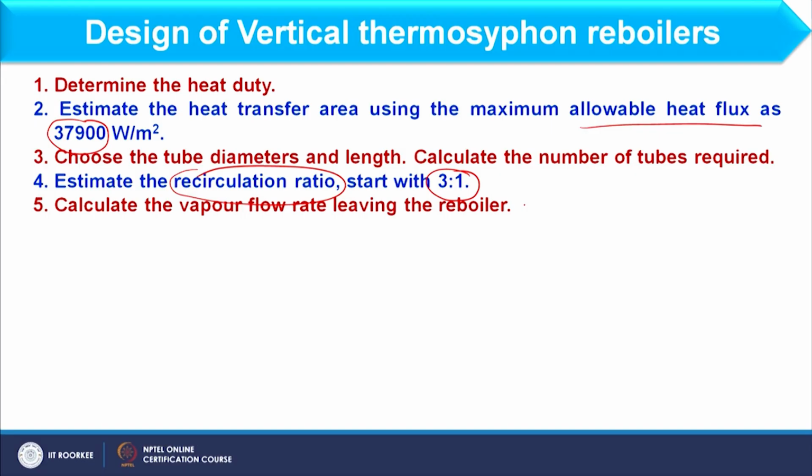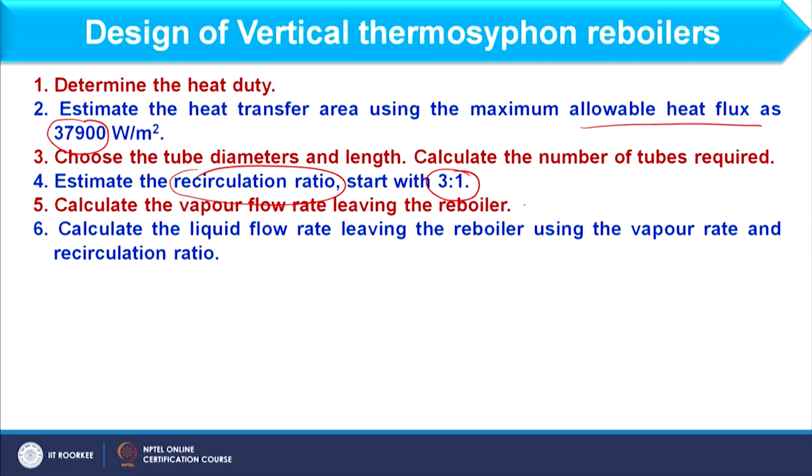Now, once I have the recirculation ratio, I can find out the vapor flow rate leaving the reboiler, because you know a priori how much vapor is to be generated. So, now you have the vapor flow rate as well as the recirculation ratio.